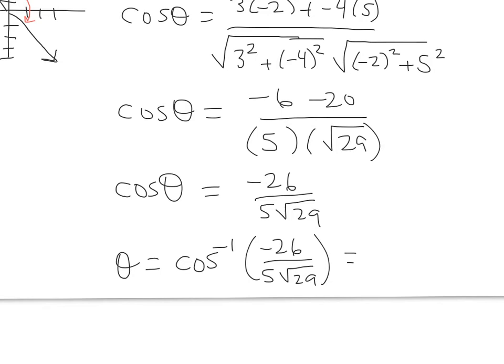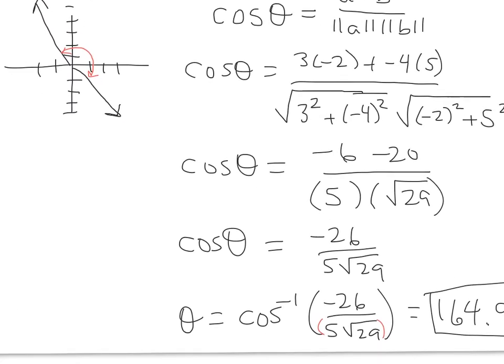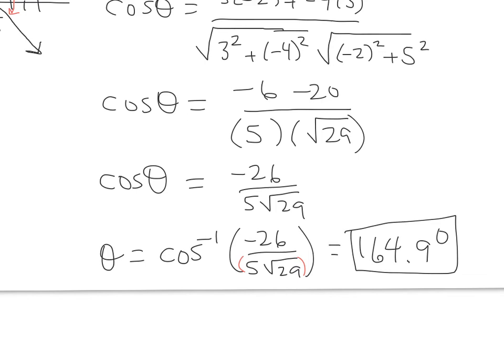Again, if you're putting this in the calculator, make sure you put another set of parentheses around the bottom, so the calculator calculates it correctly. When I do this, I get 164.9 degrees. It's a pretty big angle, almost straight, but if you remember what our picture looked like from above, it's very close to 180, so it makes sense.